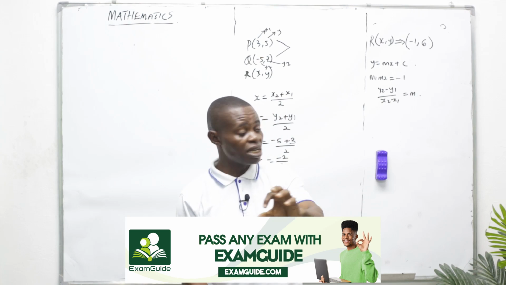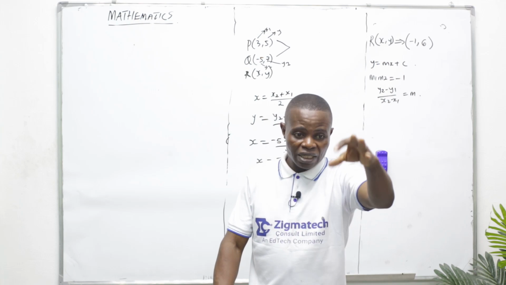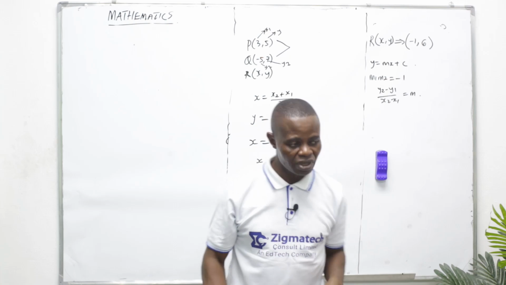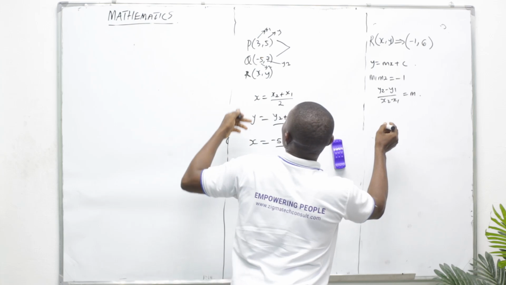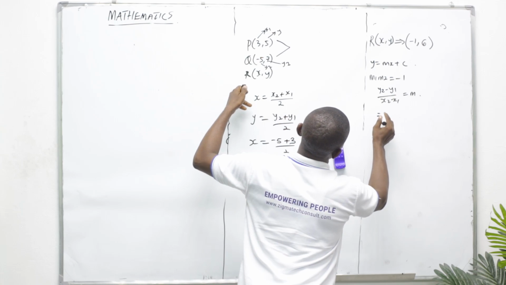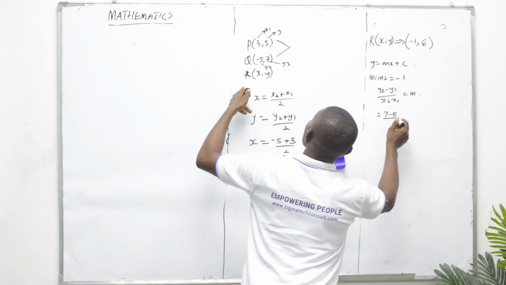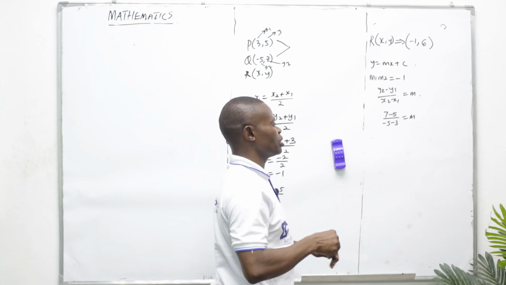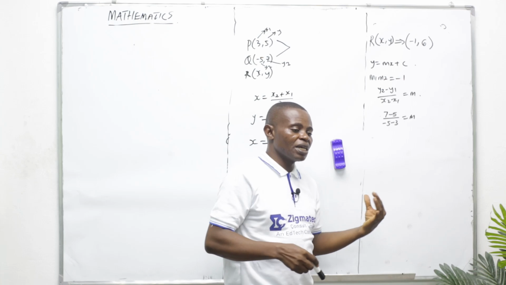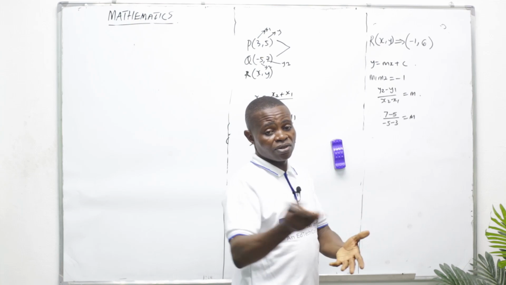No, they are just letting you know that you have to get the gradient from the points P and Q. Now, y2 is 7 minus y1, 5, all over x2, which is -5, minus x1, 3, equals m. So remove this, because you don't write double equals, except when you are linking by saying this implies, and implies equals this, or this is equivalent to this.